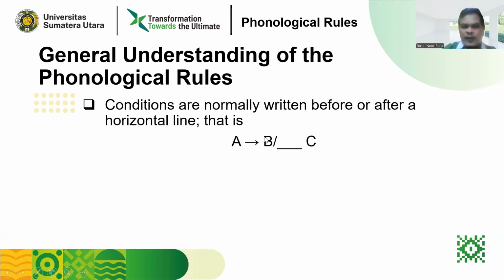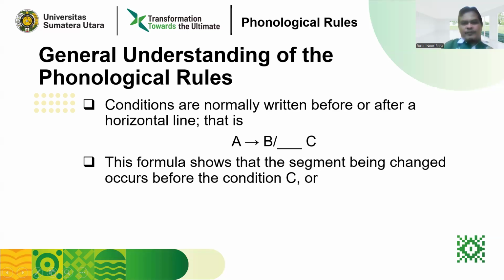So as we have discussed before, A is the original sound, and the arrow represents changes to or modified to, and B is the modified sound or the new sound segment. And C shows the condition, the phonological environment, and the horizontal line here represents where the original sound is located.